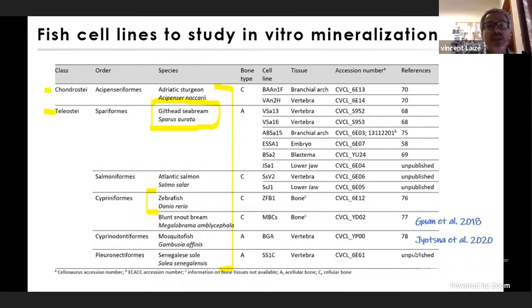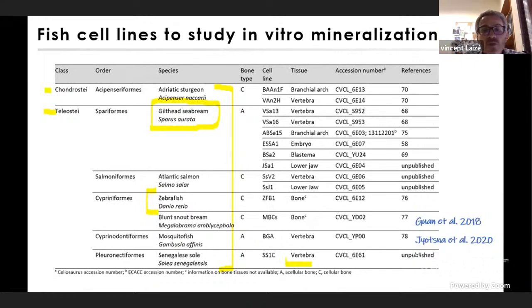You have some fish species that have a bone which is said to be cellular, so it has the presence of osteocytes. Osteocytes are cells that are very important for bone remodeling, okay? So for example, the sturgeon or the zebrafish are fish with cellular bone, and you have some species that do not have these osteocytes present in their bone, and they are called acellular bone, okay? So for us, it was important to develop fish cell lines from the two types of bone.